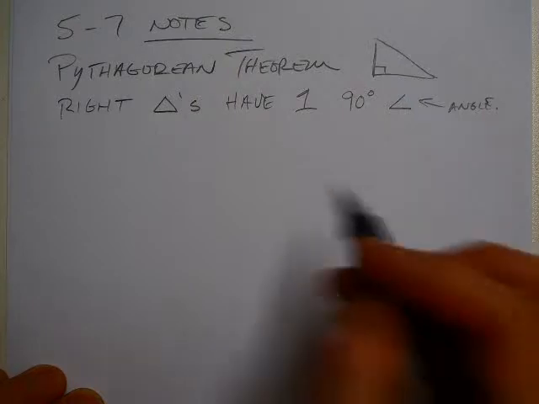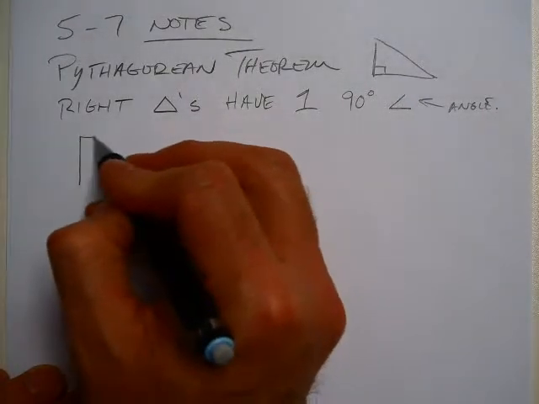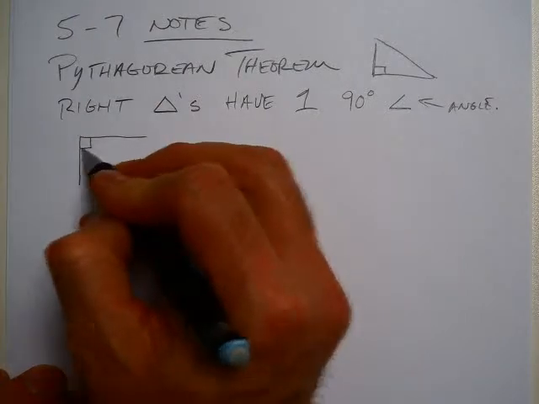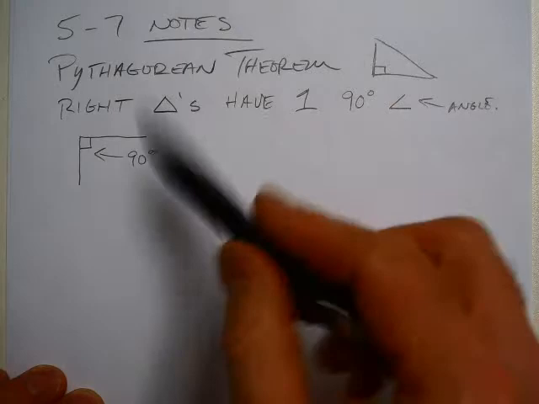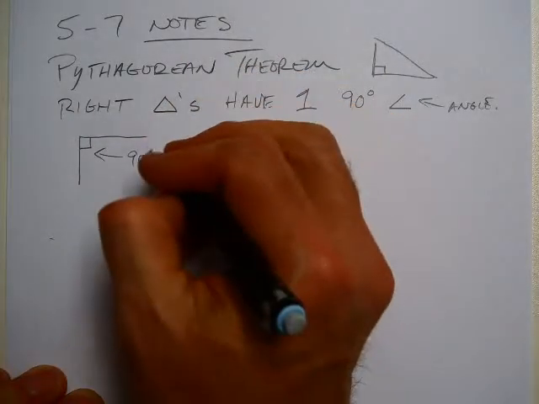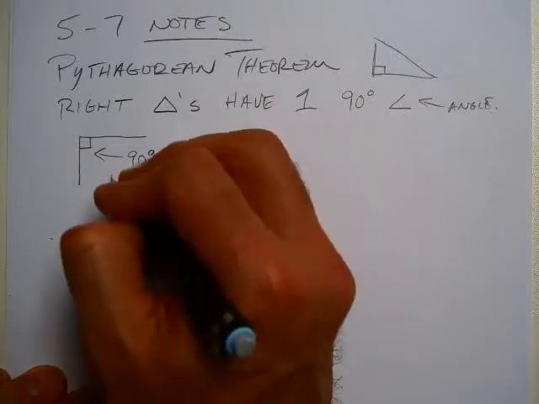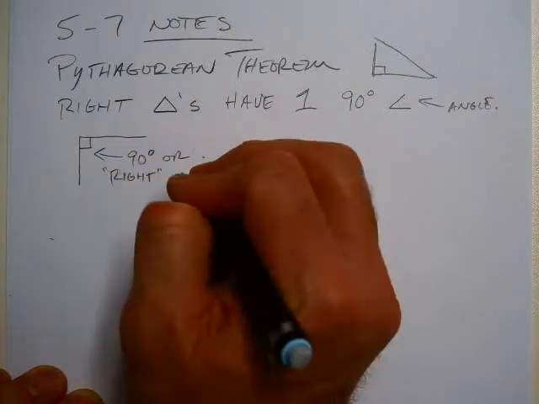So when we see right triangles, we always have a right angle, and this means 90-degree angle, or right angle.